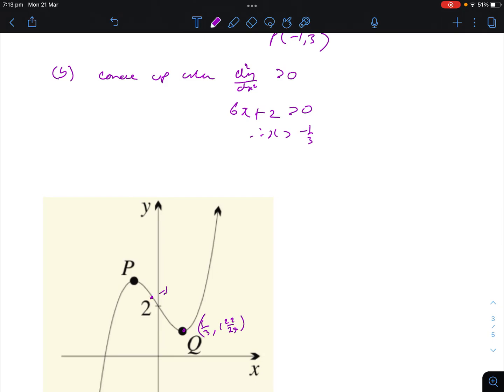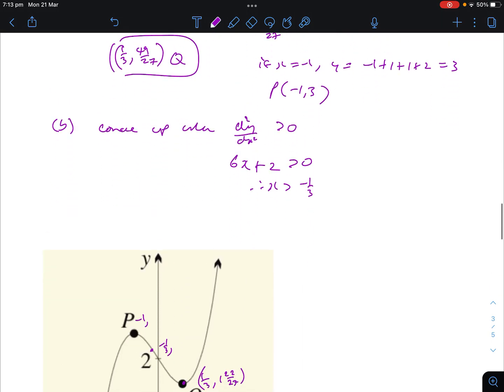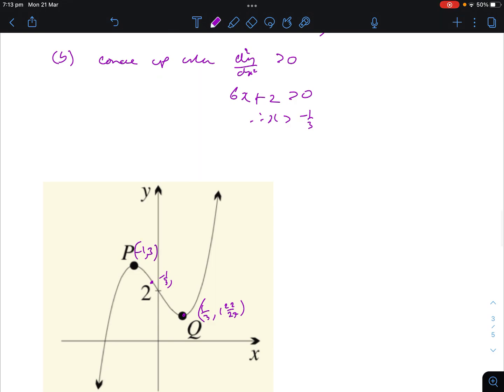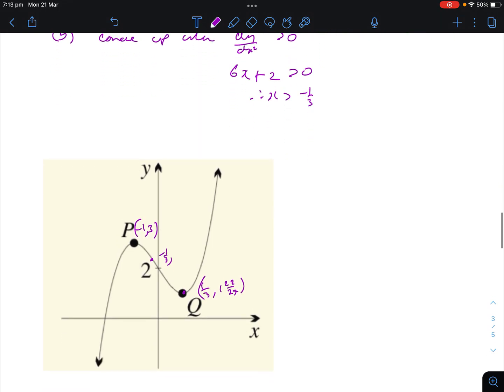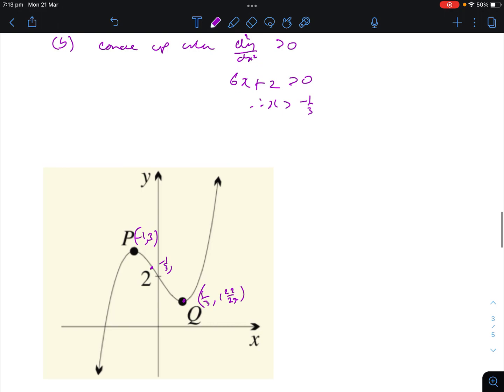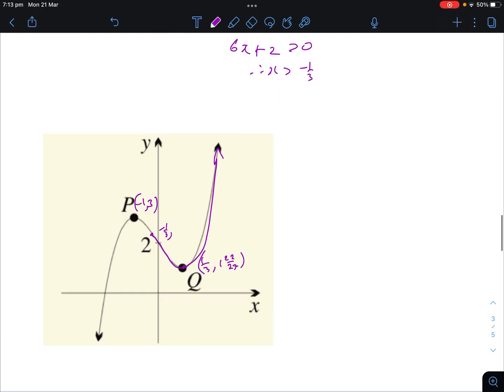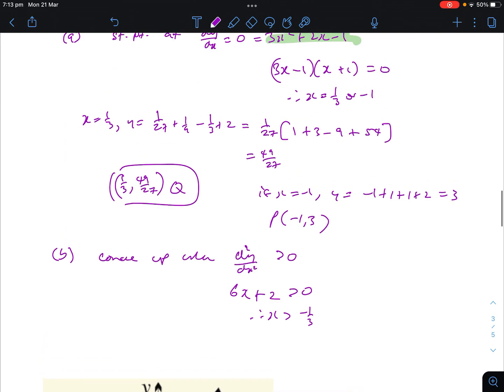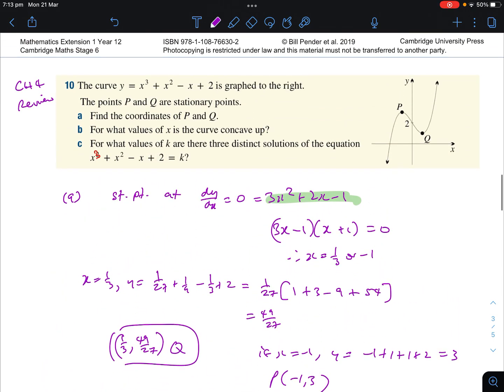There's a point here, negative a third, and this is negative 1, comma 3. And so where's it concave up? It's concave up anywhere over in this region, and that makes sense when you look at the shape. There would be a point of inflection somewhere in the middle there, at x equals negative a third.